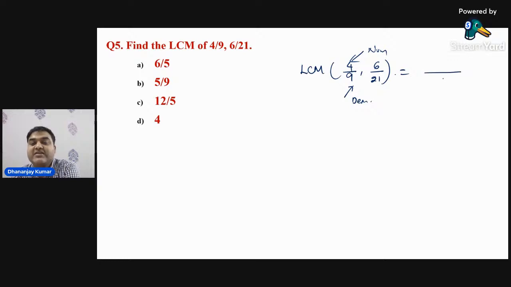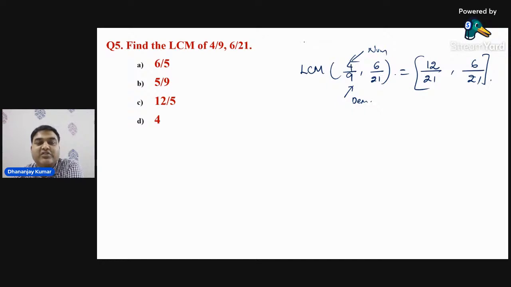You write it as 9 and change this base also to 9. 9 threes are 27, 4 threes are 12, and then you write 6. And then you quickly find the LCM of these two numbers. Ultimately that is how you try, and then you find all those.